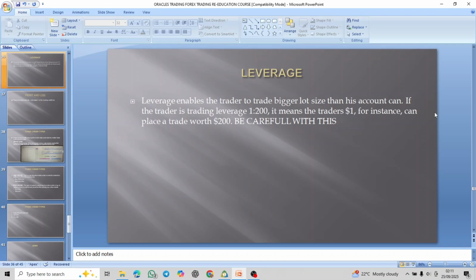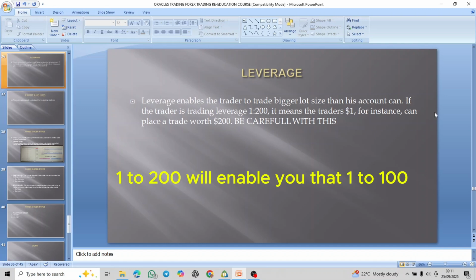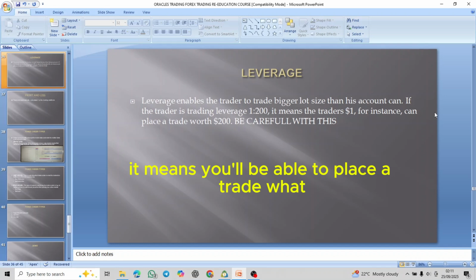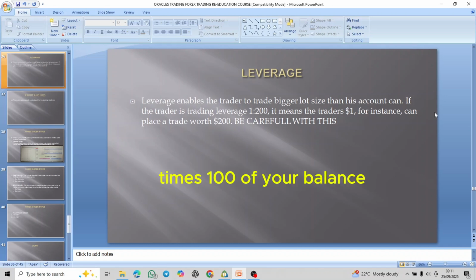So 1 to 200 will enable you that. 1 to 100 means you'll be able to place a trade worth 100 times your balance.